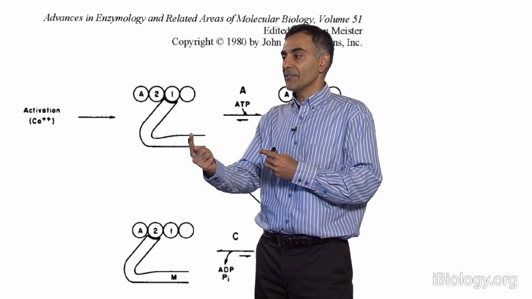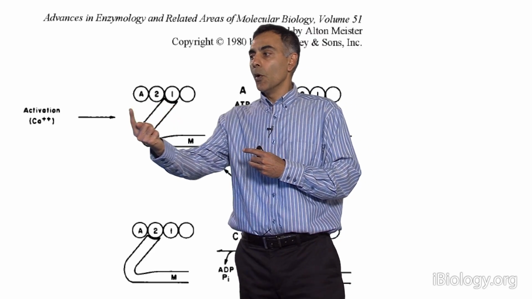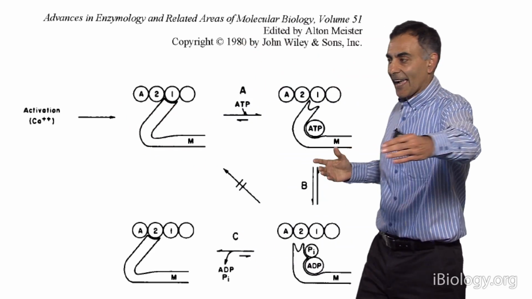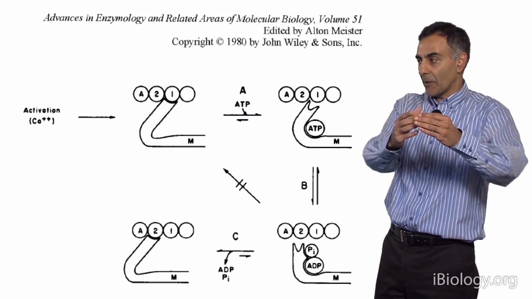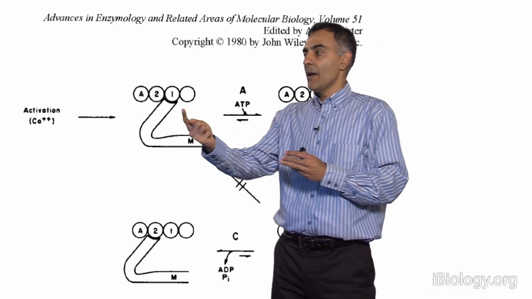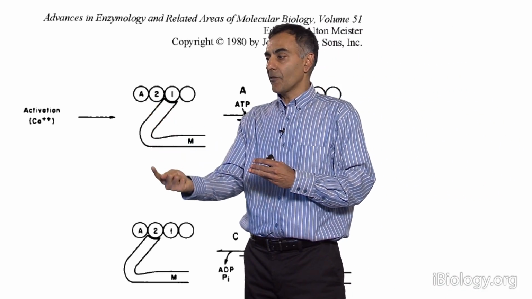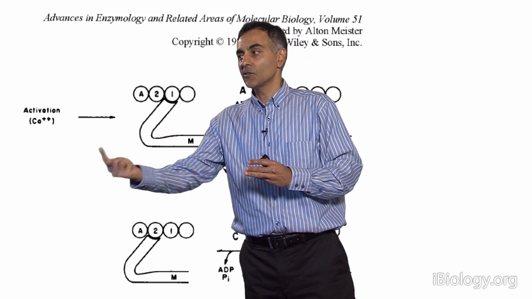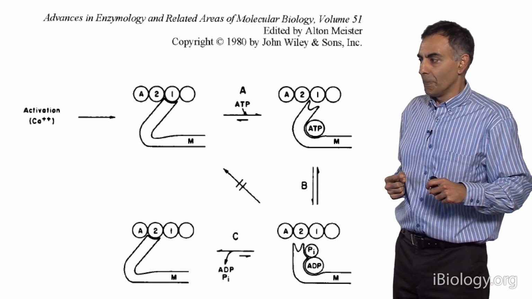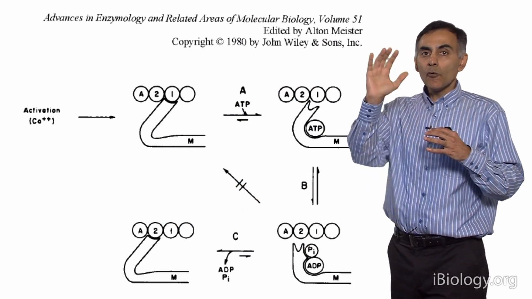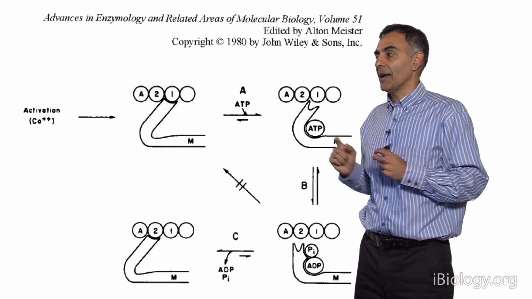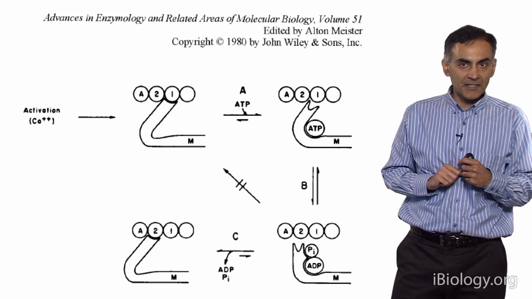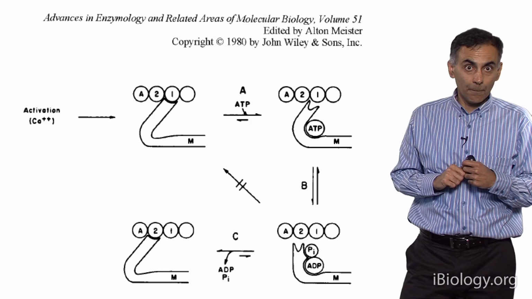What you know is that myosin moves along an actin highway that is made up of actin monomers by essentially going from one monomer of actin to the next and so on. And that movement is powered by the hydrolysis of ATP by myosin.